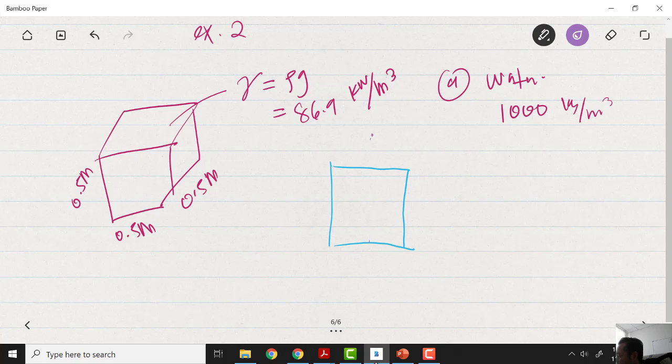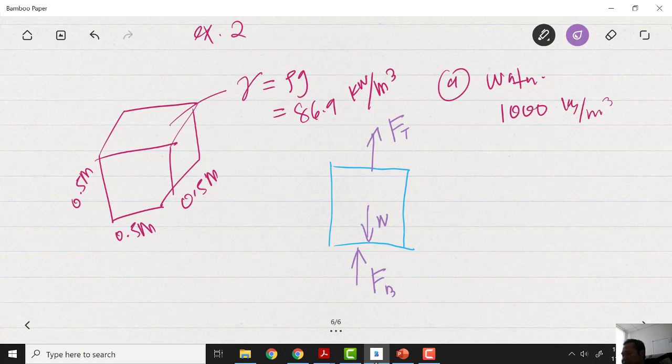We have the weight of the cube, then the force from the water, Fb, and since we are holding the cube, another force, let's say Ft in the upward direction.